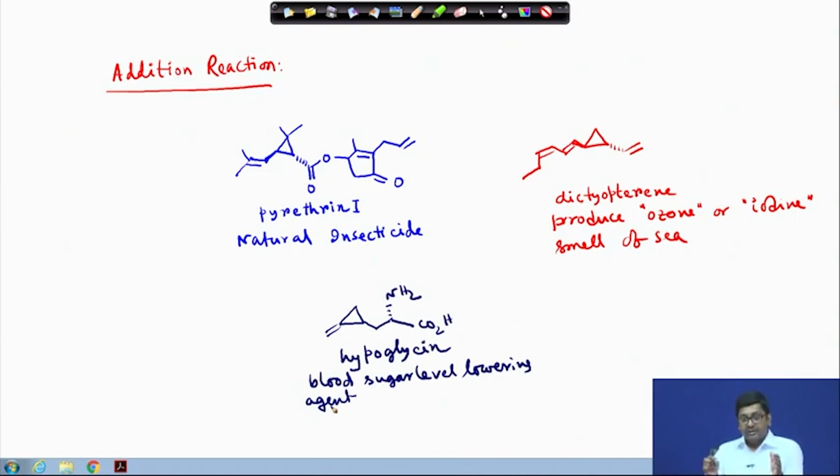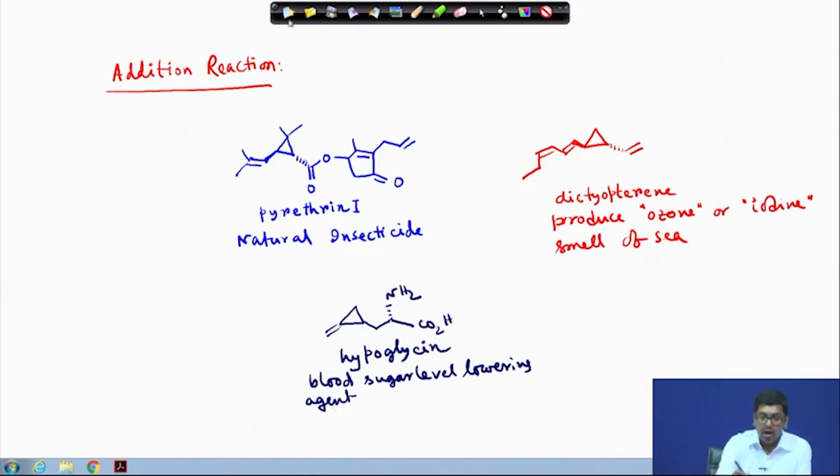Fine. So, these examples show how important the cyclopropane ring is, because not only these three examples, there are numerous examples available where we can find that bioactive organic molecules contain a cyclopropane ring. Fine.